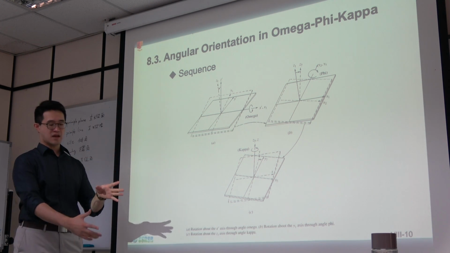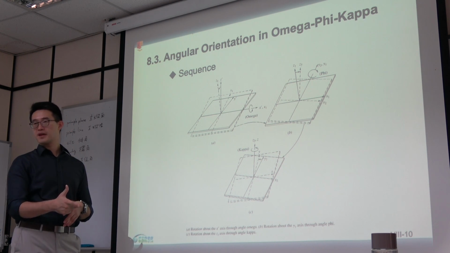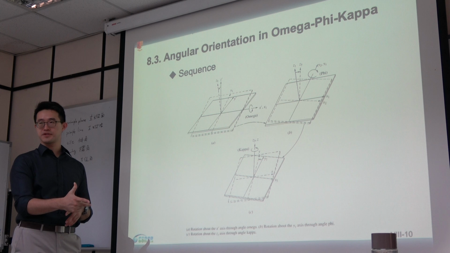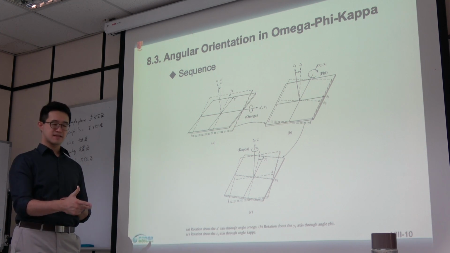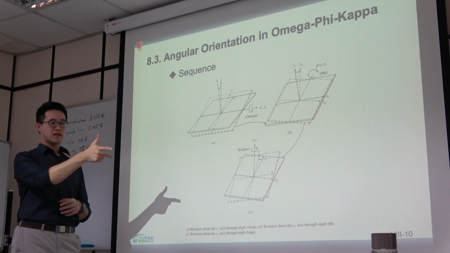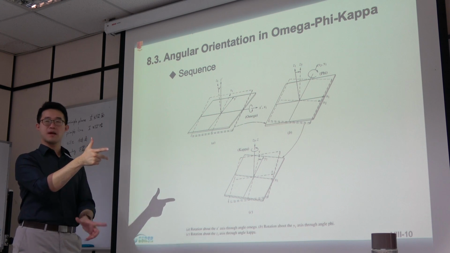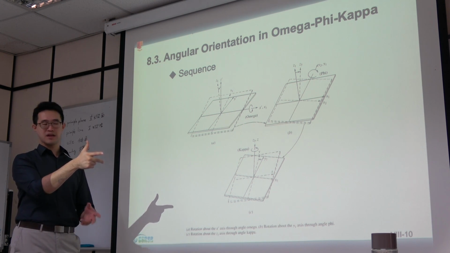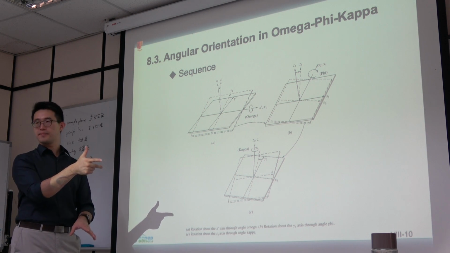In the object space, we also have the x, y, and z coordinate system. And then the x-plane, y-plane, z-plane is the coordinate system in the image space. However, that system is parallel to the object space x, y, z system.